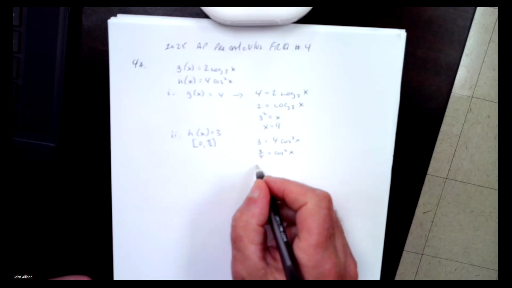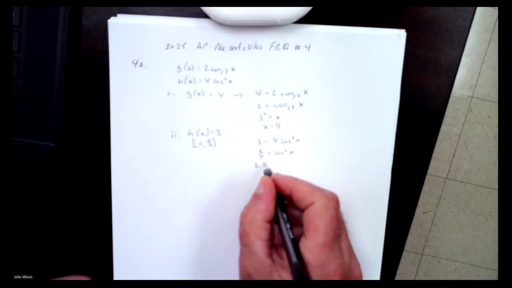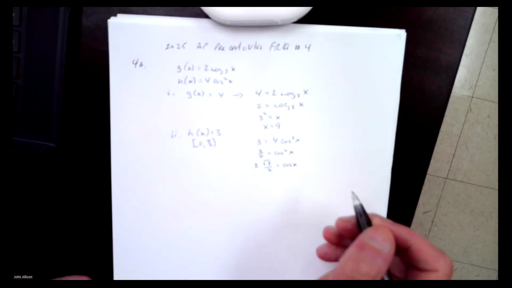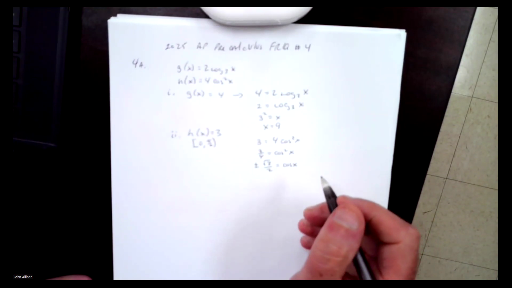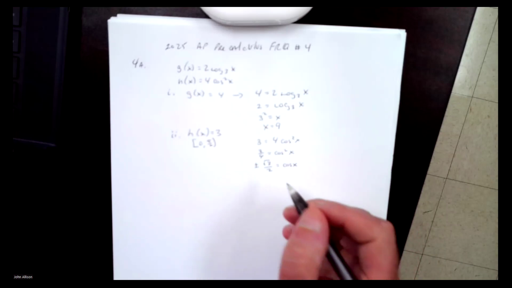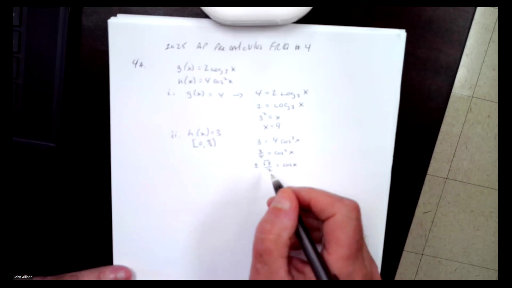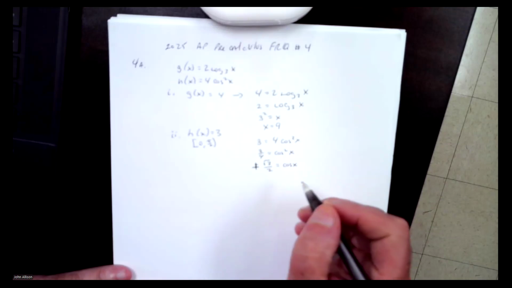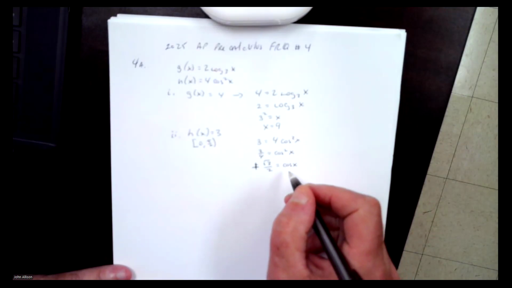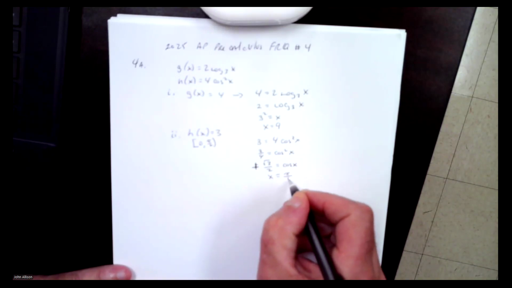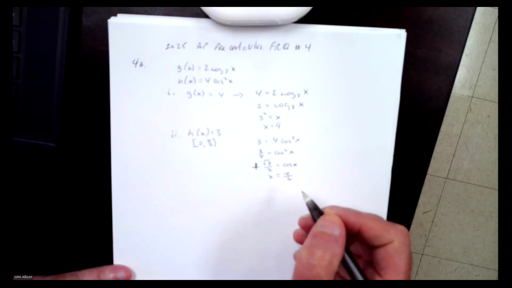We're going to take the square root of both sides, get plus or minus square root of 3 over 2 equals cosine x. And we know in the interval from 0 to pi over 2, there is no negative cosine. So it's only positive square root 3 over 2. That occurs at x equals pi over 6. That's part A.